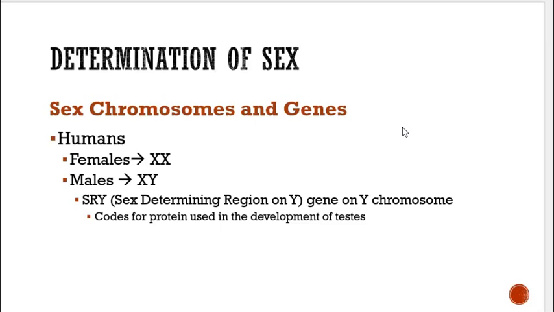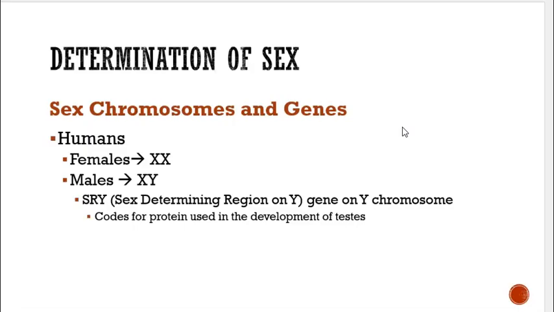Now, having said this, we typically recognize females as having two X chromosomes and males as having an X and a Y chromosome. More research has shown us what it is about the Y chromosome that helps to determine the sex of the individual. There's what's called the SRY gene, which refers to the sex determining region on the Y chromosome.